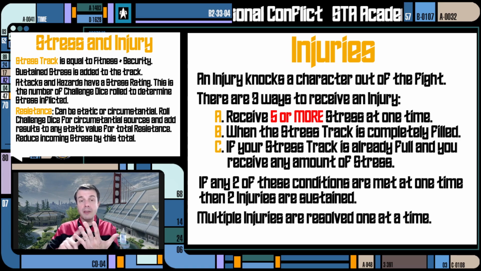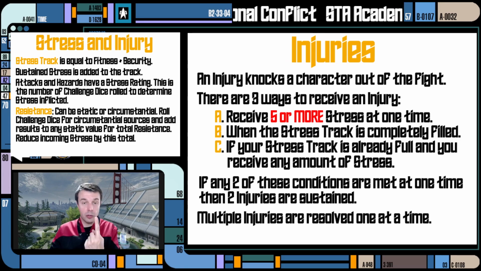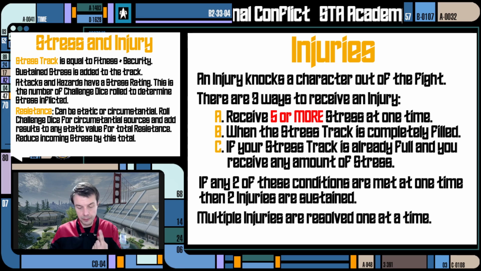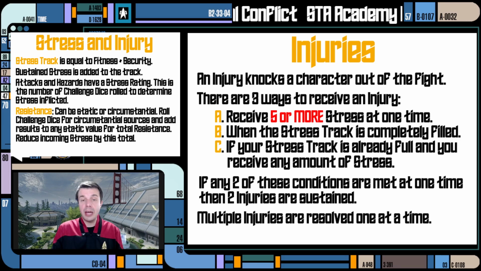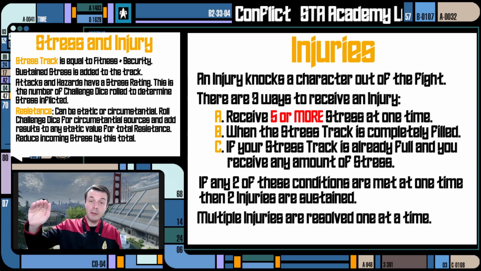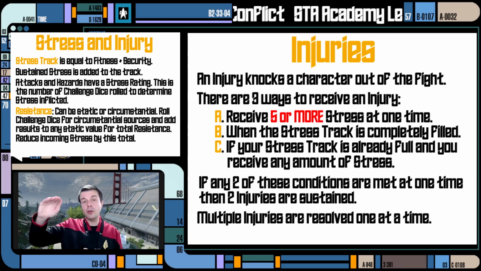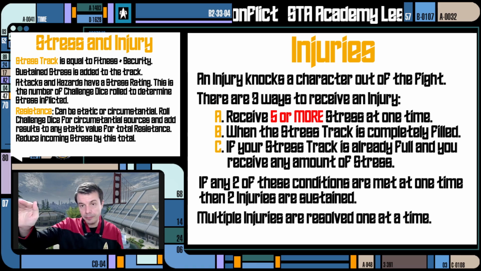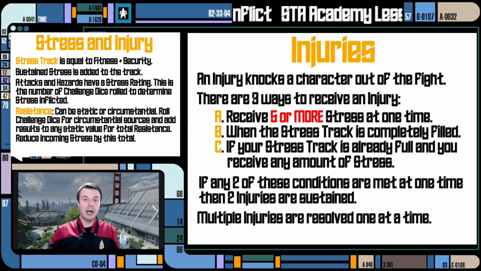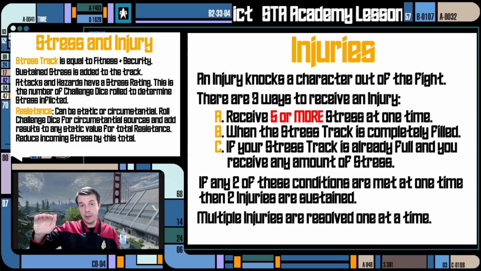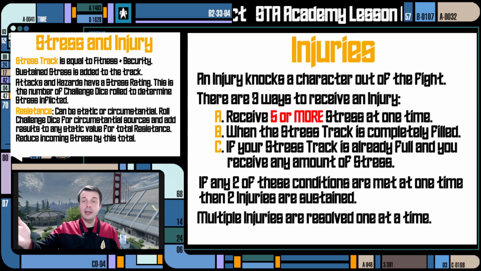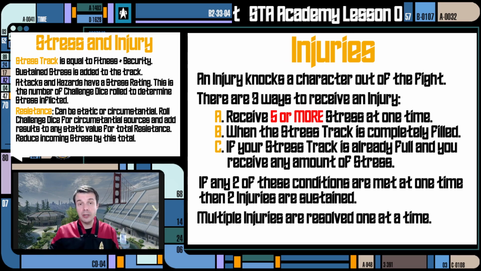So 5, 6, 7, 8, 9, 10, that just triggers 1 injury. Another way is, as I mentioned, your stress track is completely filled up. Once your final stress is earned, that triggers an injury. And again, similar to an extended task, if the stress track is already filled up and any stress comes in after that point, that will trigger an injury.